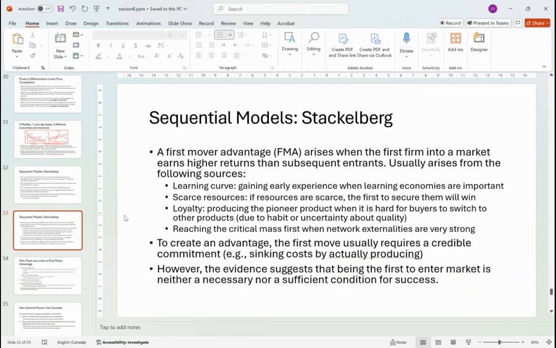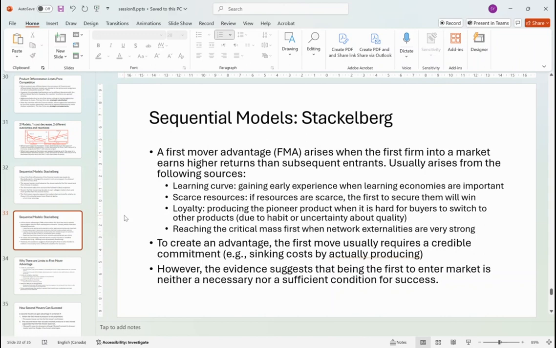In such industries, the first mover can reach the critical mass and take advantage of it and get the greater market share. But when they want to take advantage of this market share, they need to invest and spend some sunk costs. They actually need to produce, right?